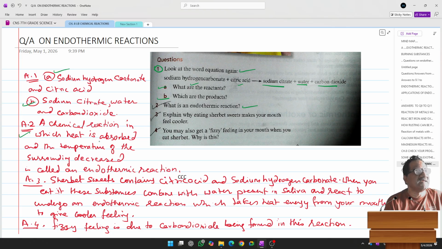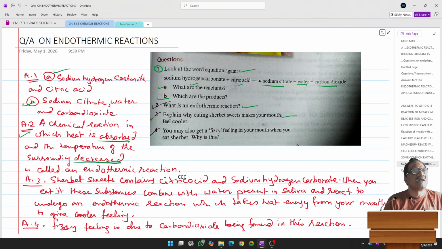The important points are that heat is absorbed and the temperature of the surroundings is decreased. Such chemical reactions are nothing but endothermic reactions. Let us move on to the next question, question number 3.